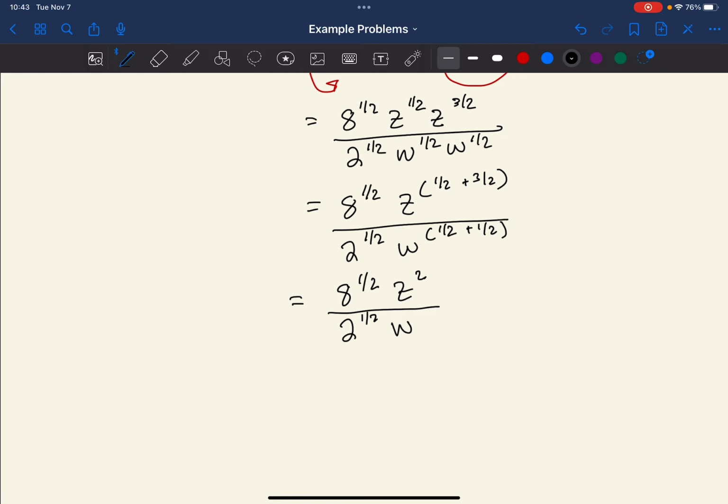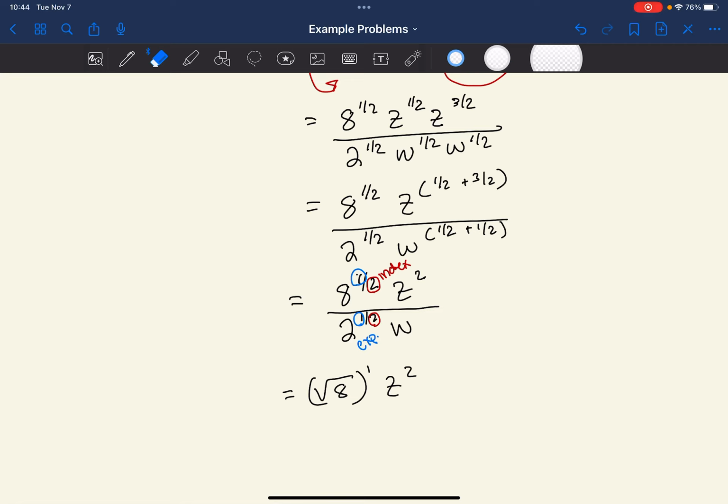Now that we just have our numbers being raised to those 1/2 exponents, we can remember that when we have a rational exponent, the denominator of the exponent tells us our index, and the numerator tells us our exponent. So technically this 8 to the 1/2 is the same as the square root of 8 raised to the first power, but we don't need that first power there.